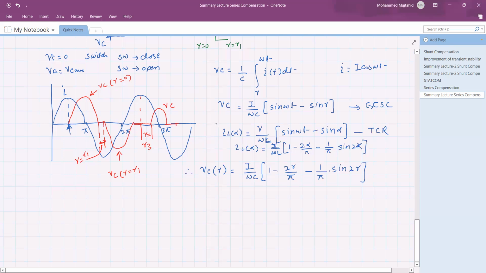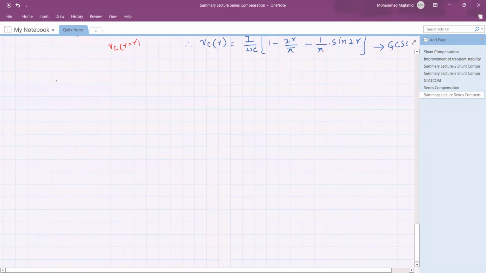So this is somewhat analogous to the TCR, and this is the equation for GCSC, isn't it? So from this one may draw the relation of angle gamma and voltage across the capacitor.